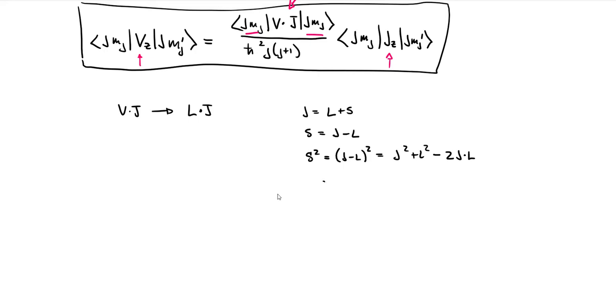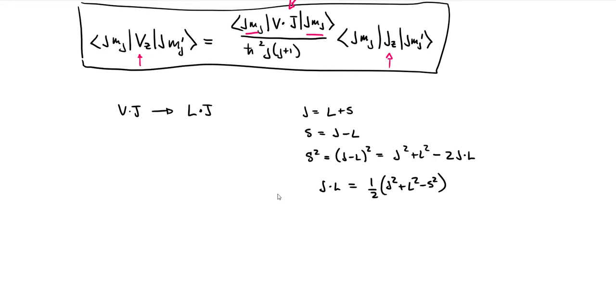This means that J·L is just equal to 1/2 [J squared plus L squared minus S squared].